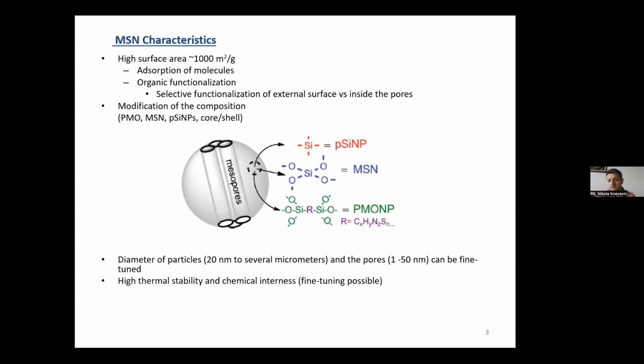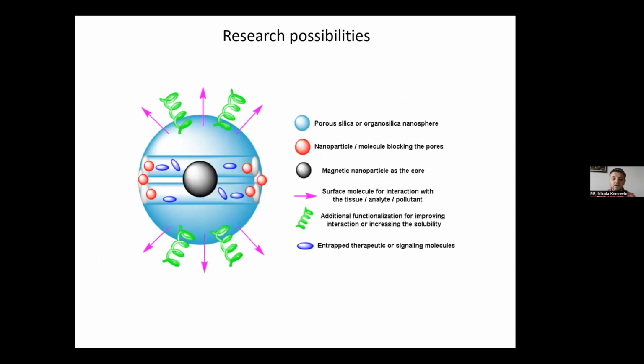There are also other hybrid materials now, with PMOs mixed with MSNs, but we usually work with pure PMOs and pure MSNs. The diameter of these particles and the pores can be fine-tuned, and they have high thermal stability and chemical inertness, which can also be fine-tuned with some other chemicals.